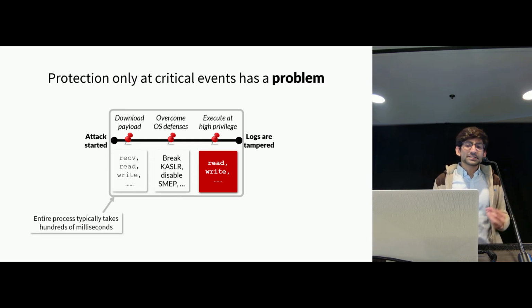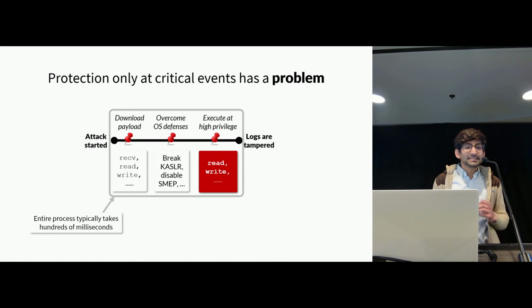However, we can leverage this insight that attacks are not built on one event. Rather, they're composed of large sequences of events, where the entire process typically takes hundreds of milliseconds for an attacker to start the attack and be able to compromise the logs on that machine.